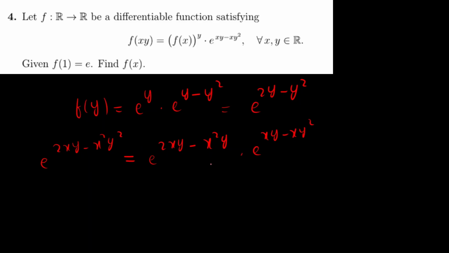Now if we simplify this equation, we get 2xy minus x square y square is equal to 3xy minus x square y minus xy square. Even if we simplify and get another expression, this will imply that the solution which we got will only satisfy for specific values of x and y. But our solution is supposed to satisfy for every value of x and y. So this is not our solution. Let us see what we'll get from the first principle of derivative.